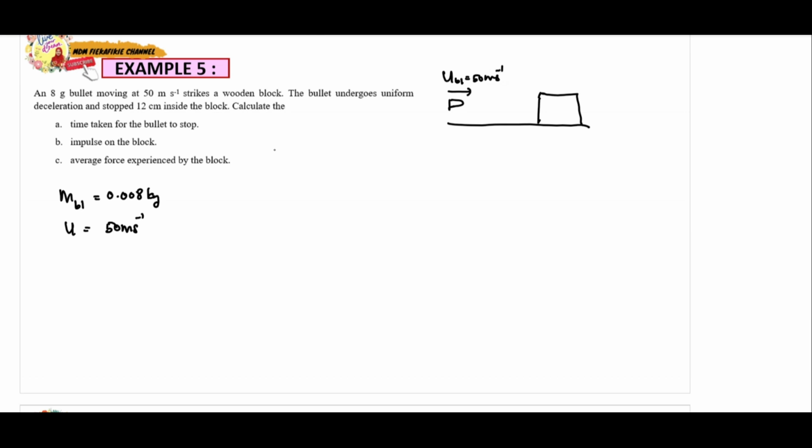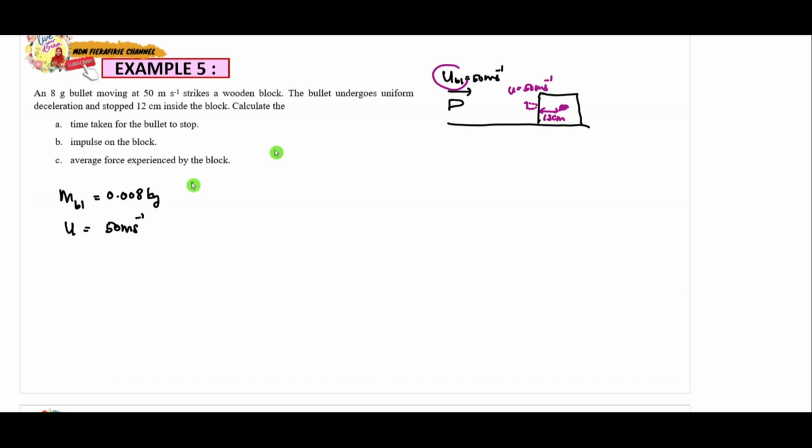So starting from here, maknanya bila dia sampai dekat sini pun dia punya U pun samalah, before dia masuk ke dalam wooden block tadi, which is 50 meter per second. And then kita consider dia akan stop dekat sini, iaitu 12 cm inside the block. In this case, so this is 12 cm.